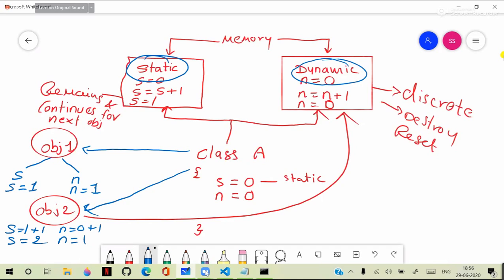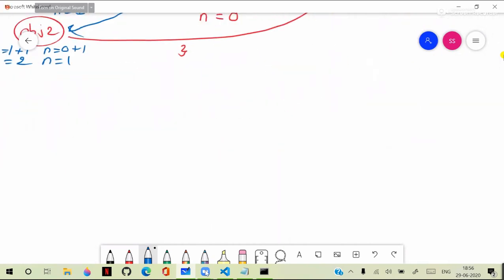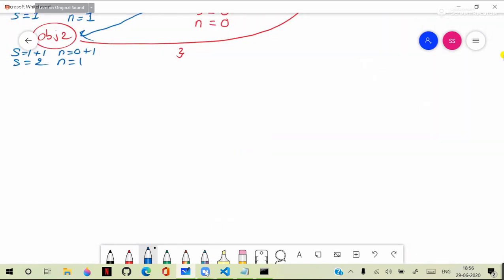Now the question is when to use static and when to use non-static, meaning the different real-world situations. Let's see one simple example. I will tell you when we can define static and non-static. For example, we have a database.